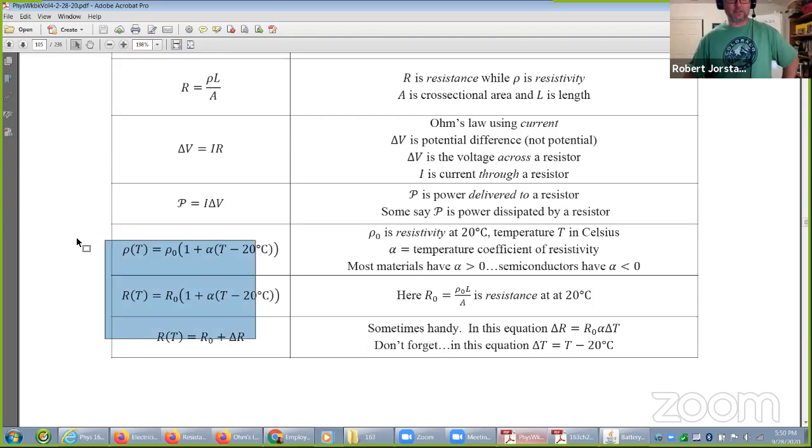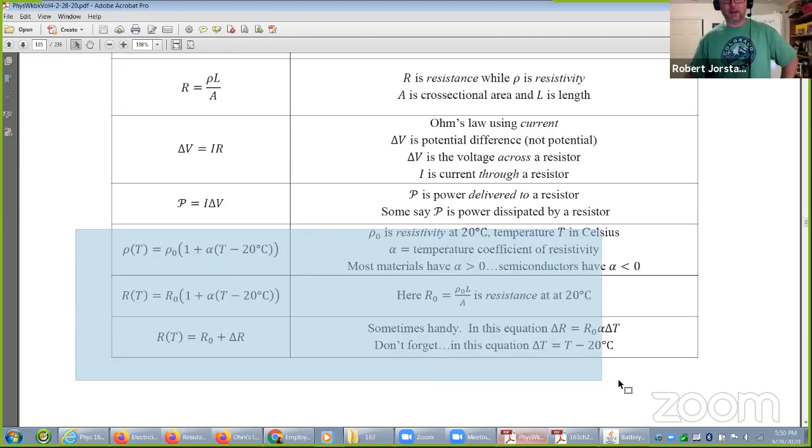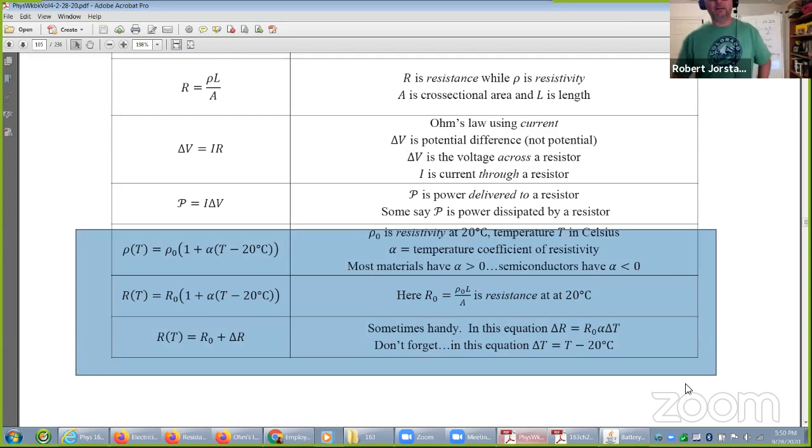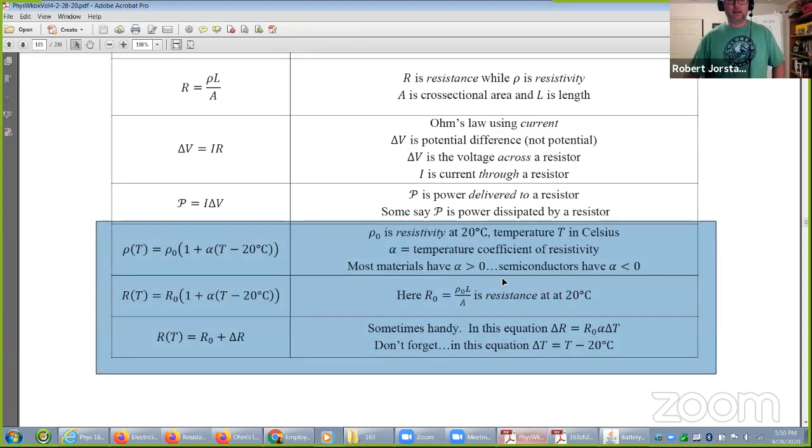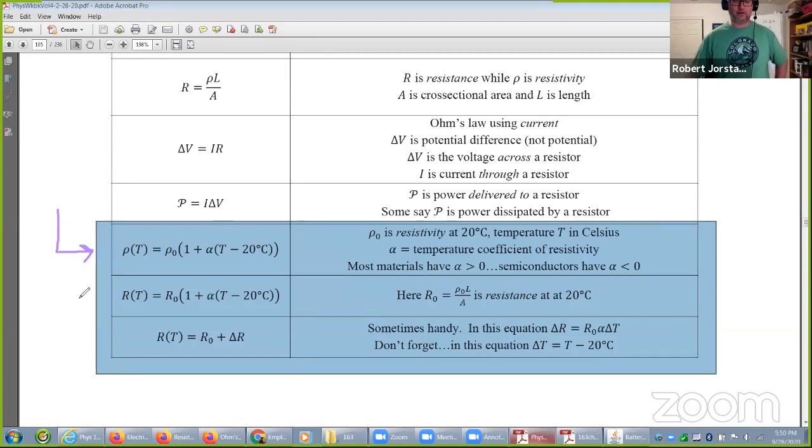So these equations right here talk about resistance and its relation to temperature. And so I do want to point out specifically, resistivity will change with temperature.